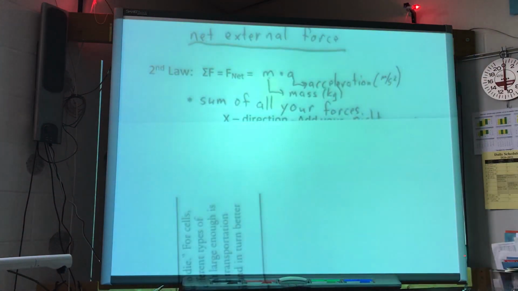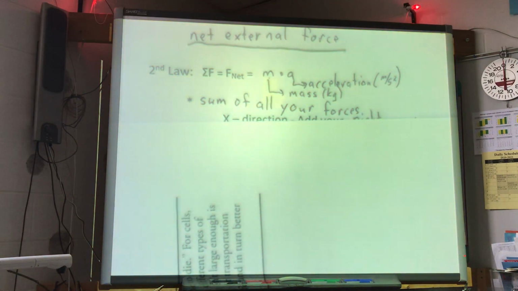Okay, so Newton's second law: the sum of all my forces is equal to F net, which is equal to mass times acceleration. So when we talk about net external force, we're talking about F net. And we're saying, are my forces balanced or unbalanced? In order to find F net, we take the mass measured in kilograms, and we multiply by the acceleration, which is measured in meters per second squared, and we can determine an F net.